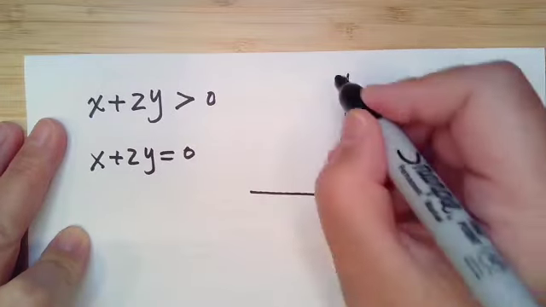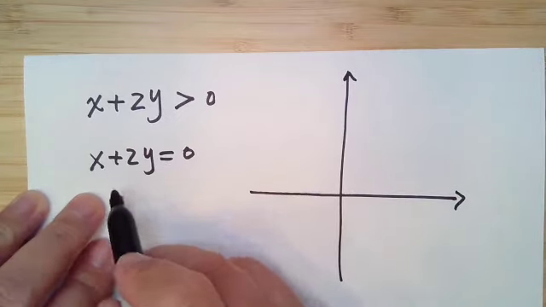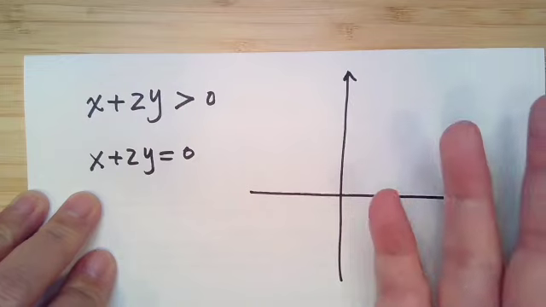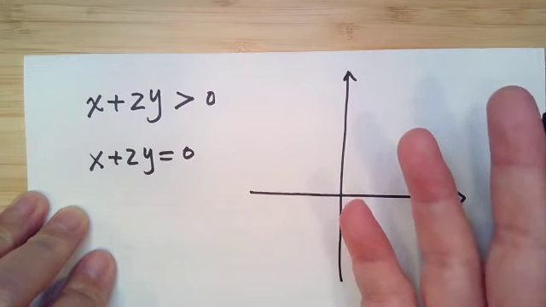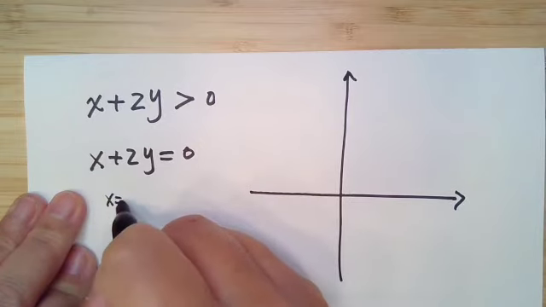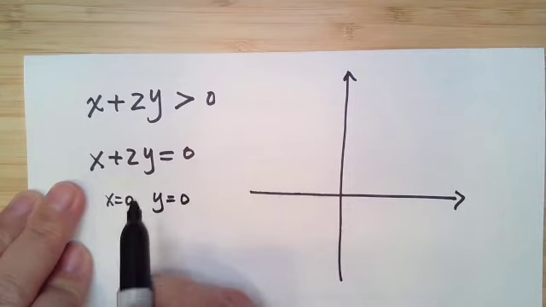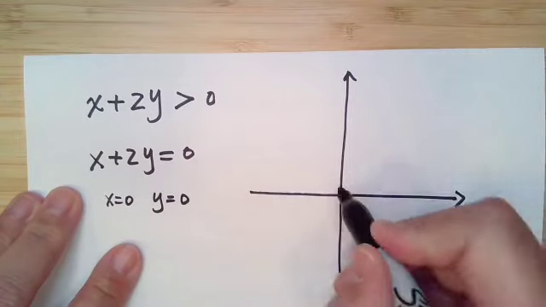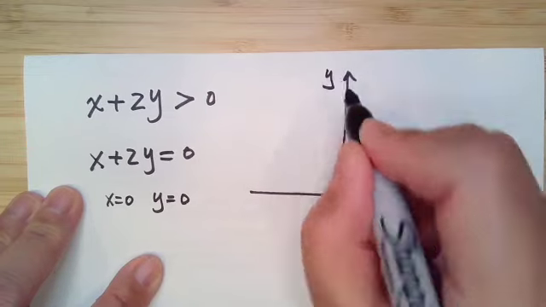If you like, you can move the x and divide to get the slope-intercept form, but you don't really need to. First of all, if x equals 0, then y must be 0 because 2y is 0. Well, I have this origin in that. And the other one, I just pick any.